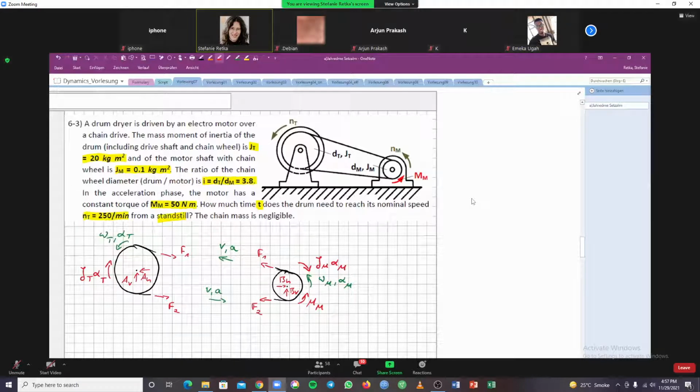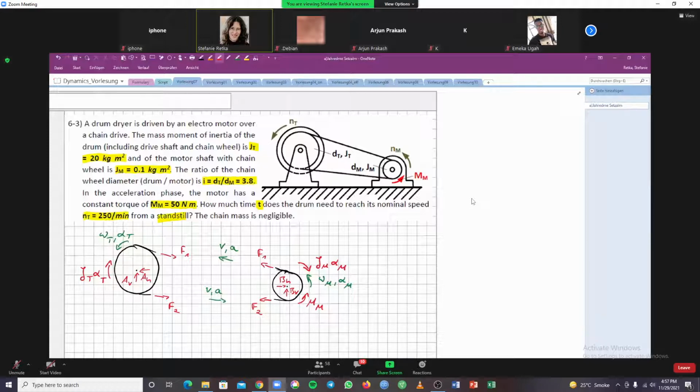Okay. Now, how many unknowns are there in our system? We do not know the angular accelerations of drum and motor, alpha_t and alpha_m. So these are two unknowns. We do not know the tension in the chain, F1 and F2, which are also two unknowns. But of course, we are not interested in them, and we could sum them to one, F1 plus F2, for example.